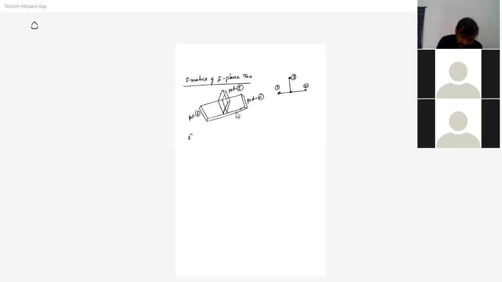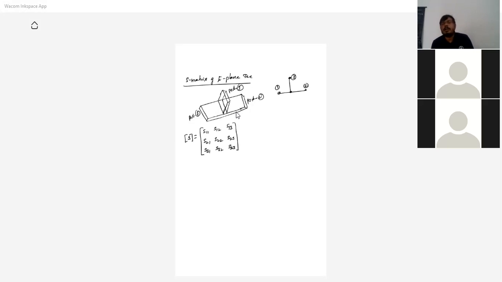The S matrix is a 3 by 3 matrix because of the 3-port device: S11, S12, S13, S21, S22, S23, S31, S32, S33.